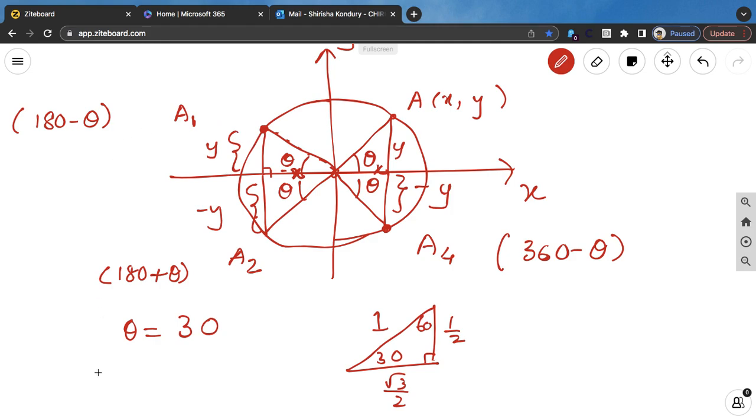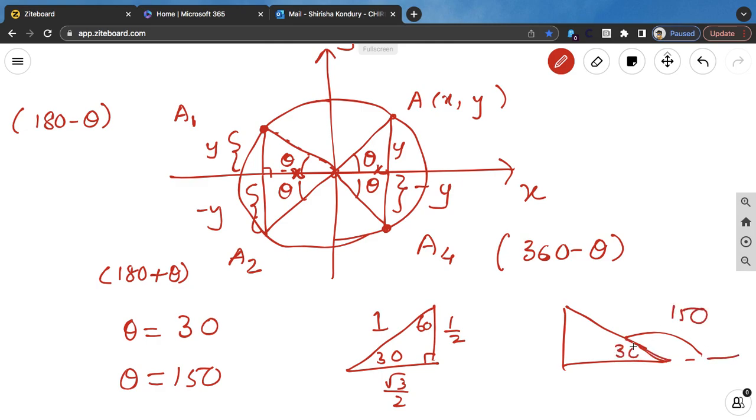If I move to an angle 150, what is 150? 180 minus theta, 180 minus 30. I will make a similar triangle as that of 30, 60, 90. If I have angle of 150 with the positive x-axis, I'll still make an angle similar to that in the first quadrant.